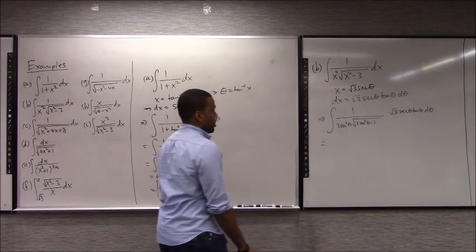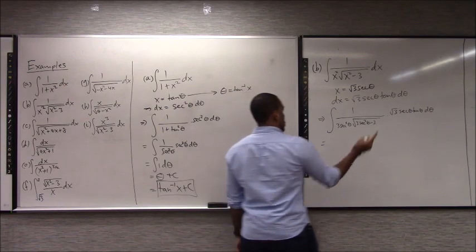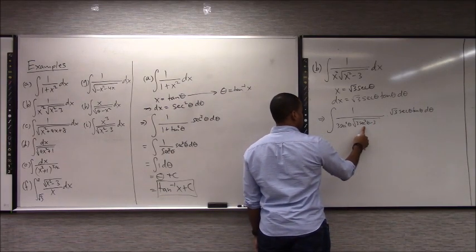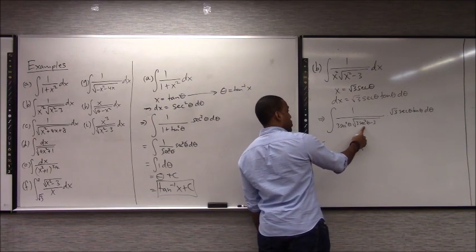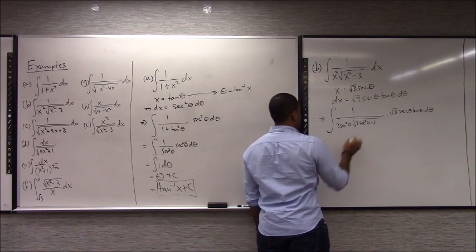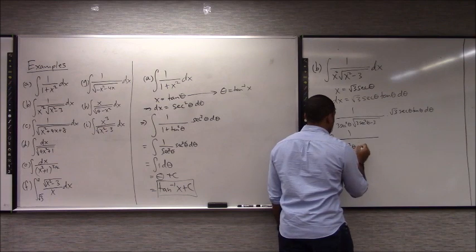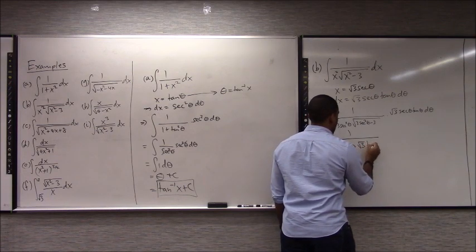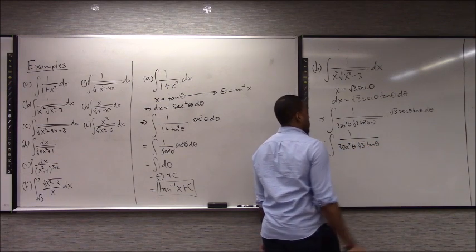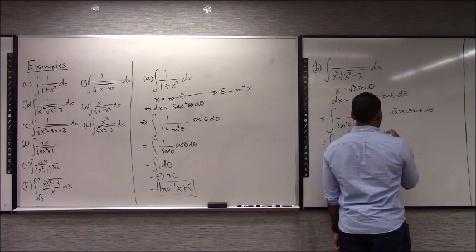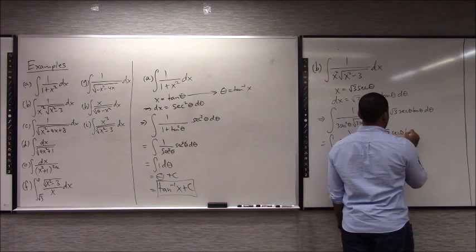Of course, secant squared minus 1 is tangent squared, so under the radical I have 3 tangent squared, and I can just replace that with radical 3 tan theta.